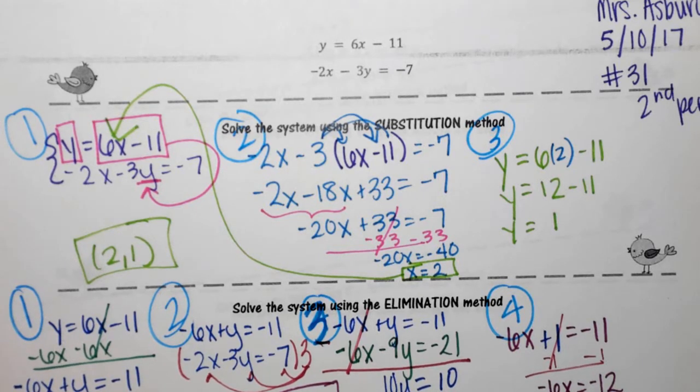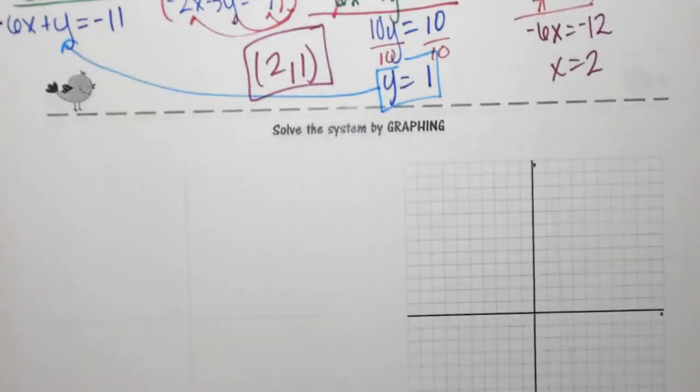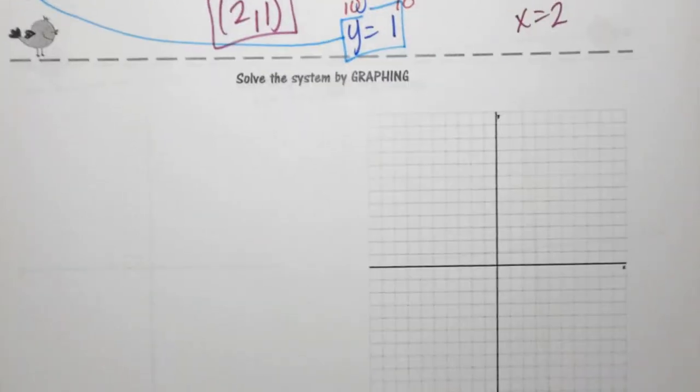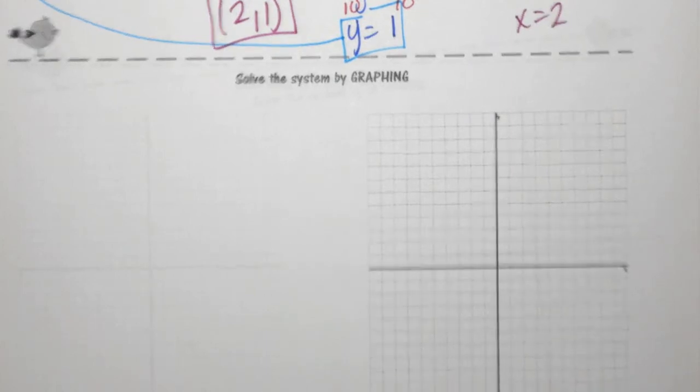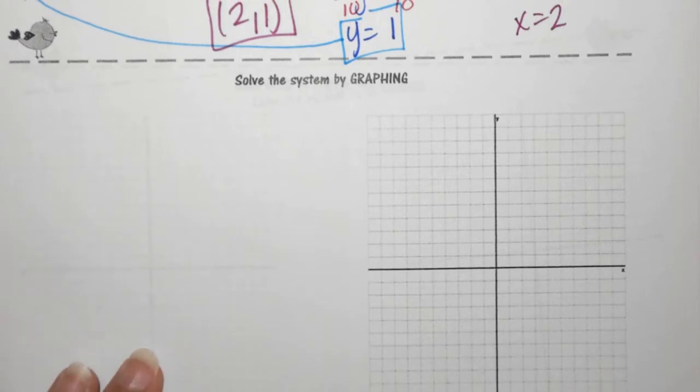Now, for graphing, they have to be both what? What does it say in your notes about graphing?